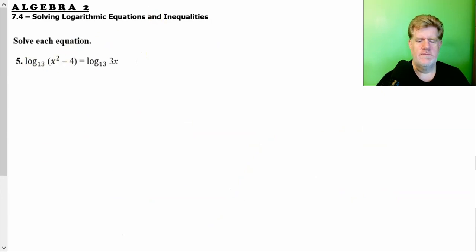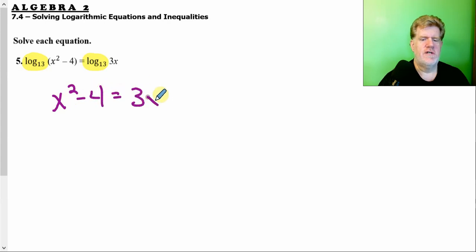All right, we got something else going on. We got squares, but the good news is these logs are the same. So we just set these expressions equal to each other. Now, if you're solving a quadratic, you've got to set it equal to 0.